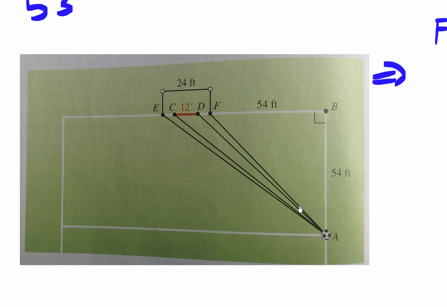Now I'm trying to get this little middle section right here, so I'm going to extend this out. This is now 54 feet plus 6 more feet. So total, now I'm going to look at a 60-foot length right here. This still remains 54.